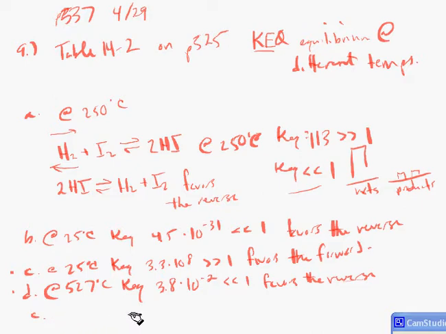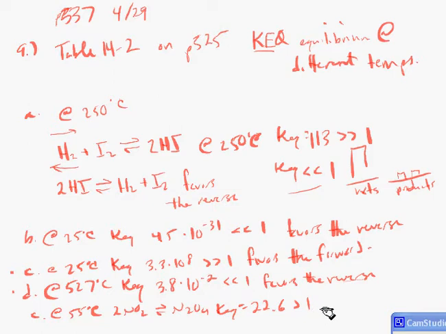And then E, dinitrogen tetroxide forming 2NO2. Again, if you look in the table, at 55 degrees C, they're telling us 2NO2 forming N2O4 has a KEQ equal to 22.6, which is greater than 1, okay?